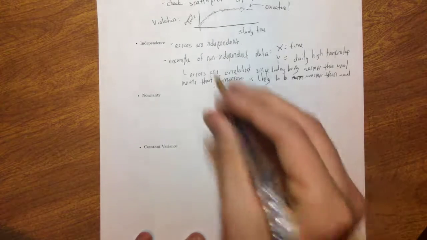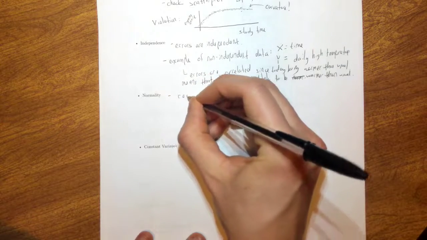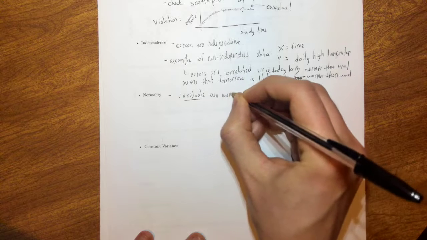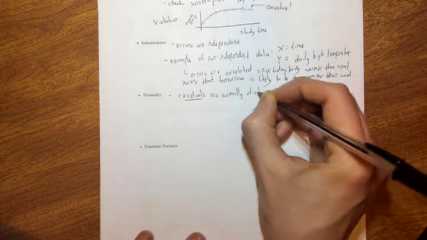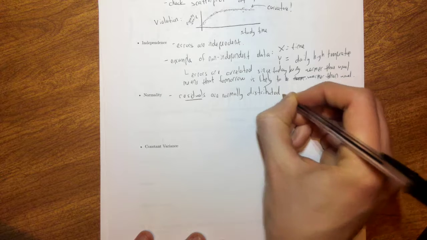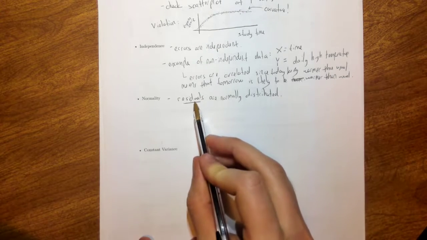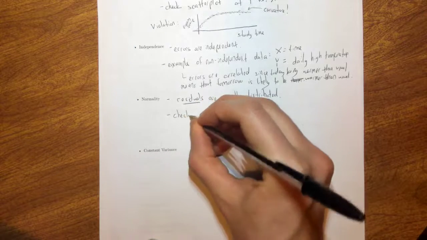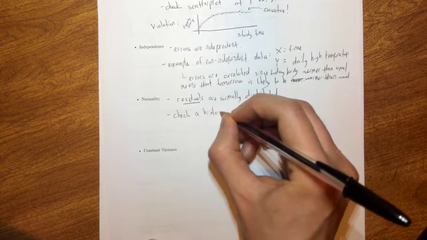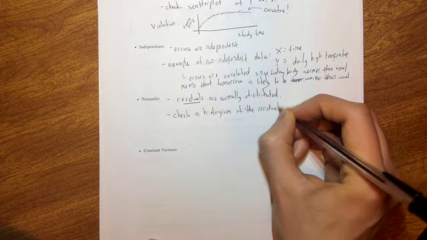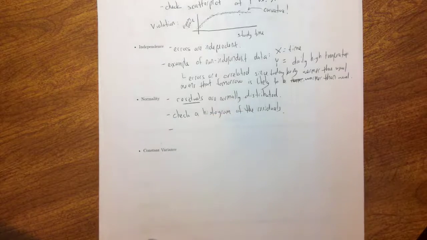The third assumption is normality. For this assumption, we're assuming that the residuals are normally distributed. This isn't necessarily that the response is normally distributed, or that the explanatory variable is normally distributed. It's just that the residuals follow this normal distribution. To check this, we're going to check a histogram of the residuals. This is the least important of the assumptions.